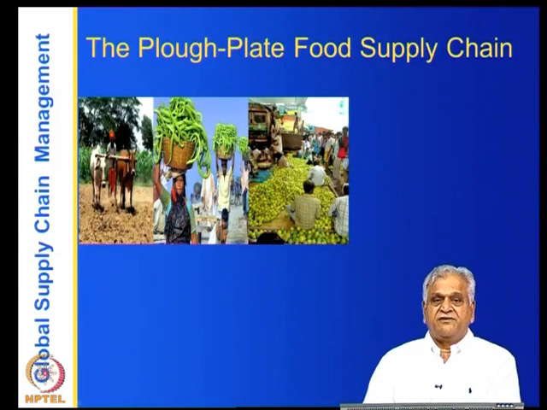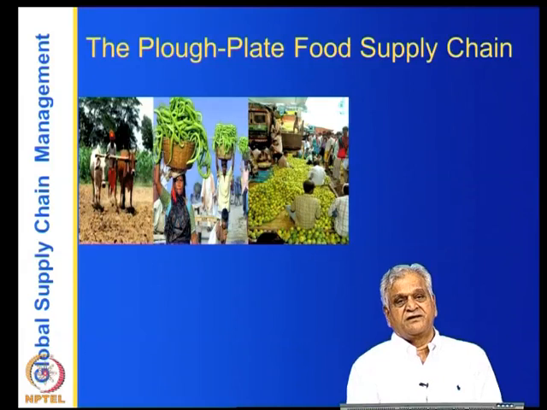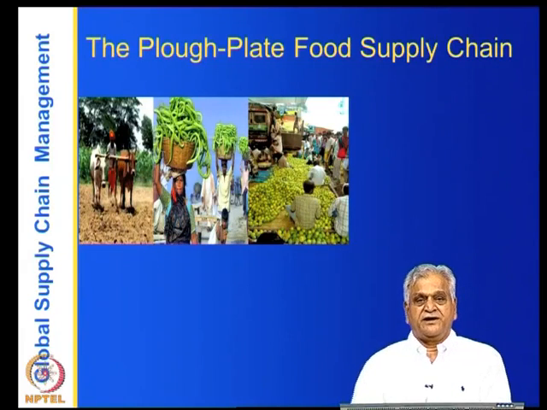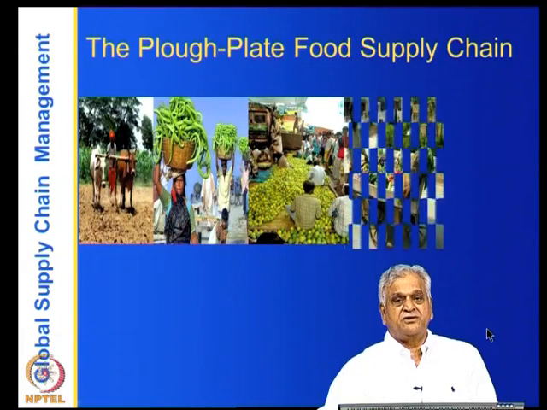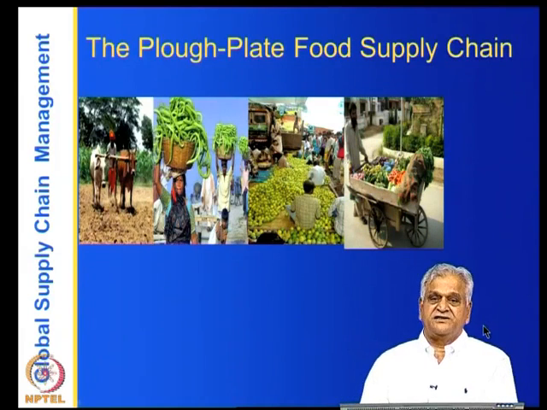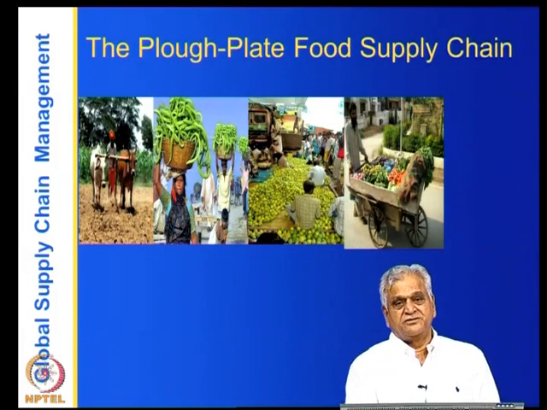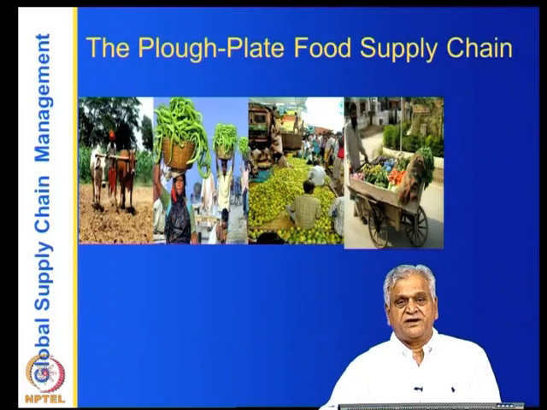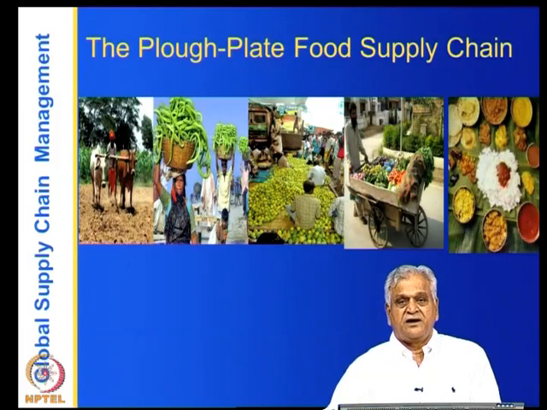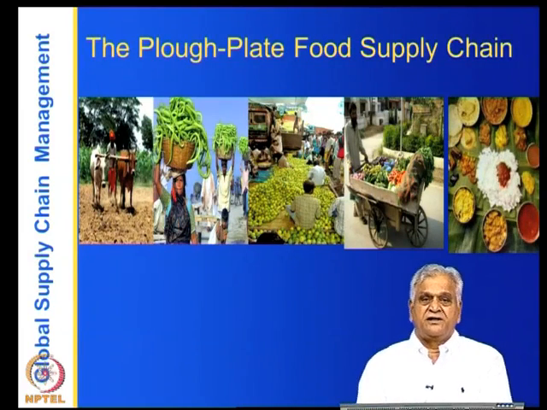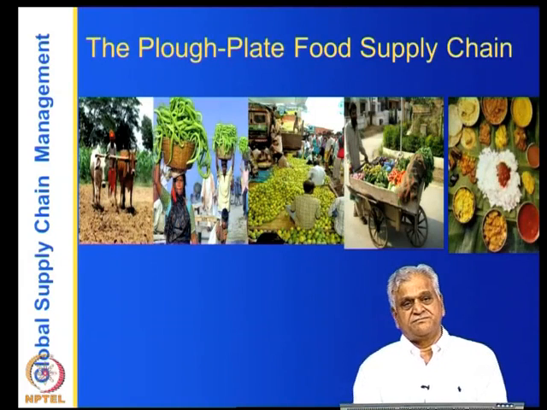This is a kind of distribution center where these things are sold to the retailers. Once they are sold to the retailers, who are the street vendors, they supply it to you, bring it to your house, and you cook it. So this is called the plow to plate supply chain.